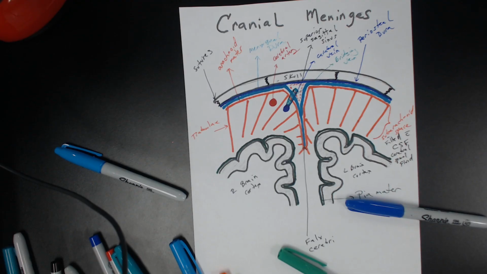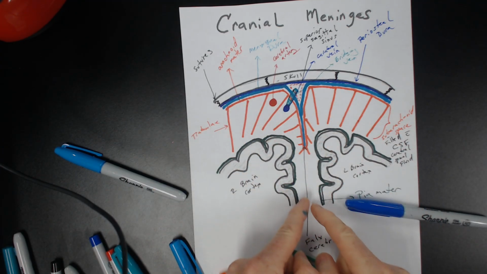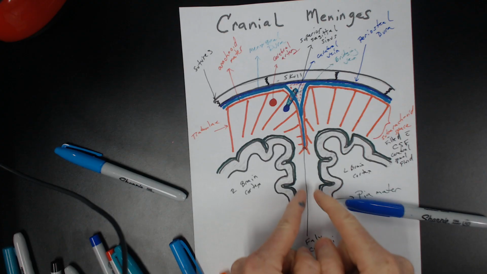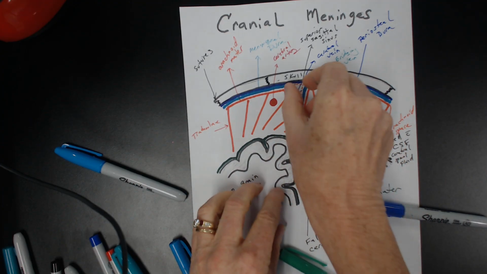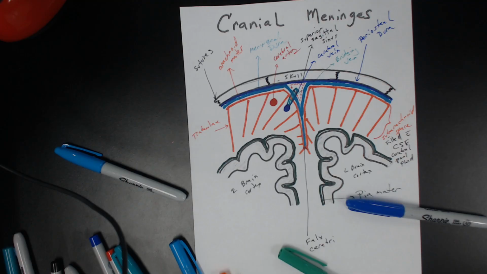Ben, yes? So would that superior sagittal sinus be right on the mid-sagittal line? Right. Correct. It's in that longitudinal fissure. It's just sitting right there. So here's the longitudinal fissure that's between the left and right cortical regions. That superior sagittal sinus runs all along, front and back, along that longitudinal fissure.